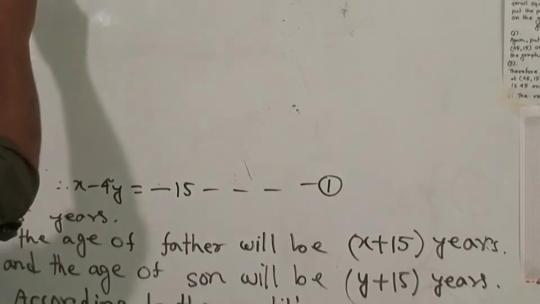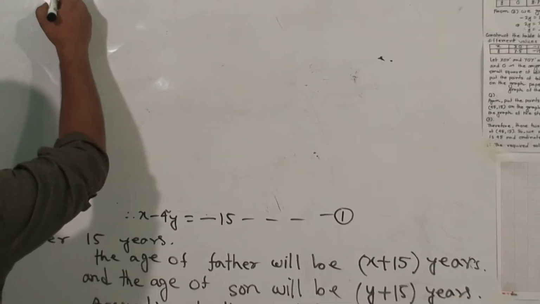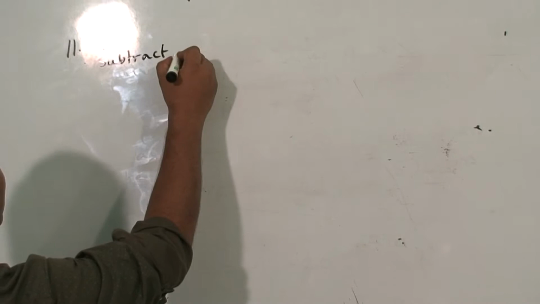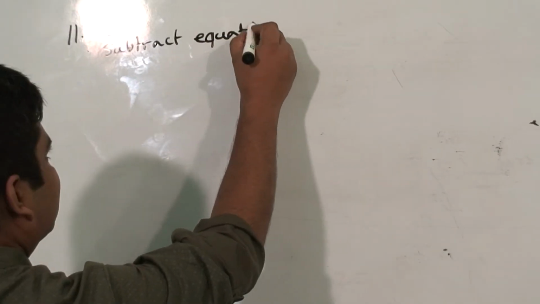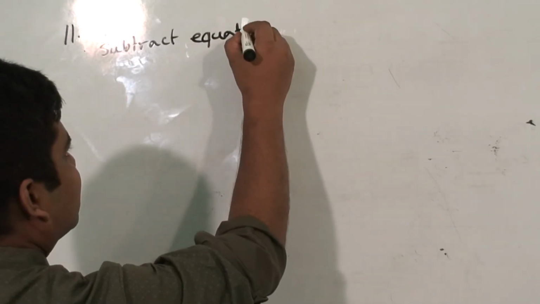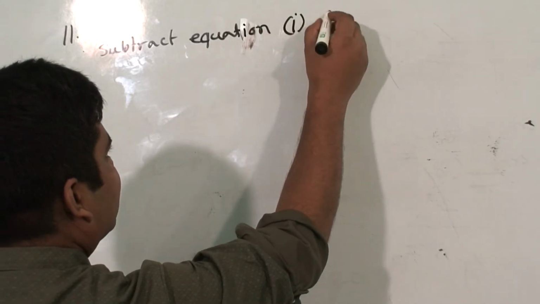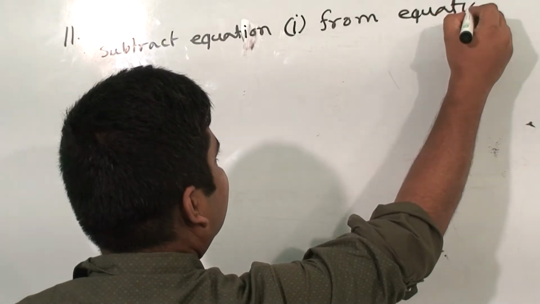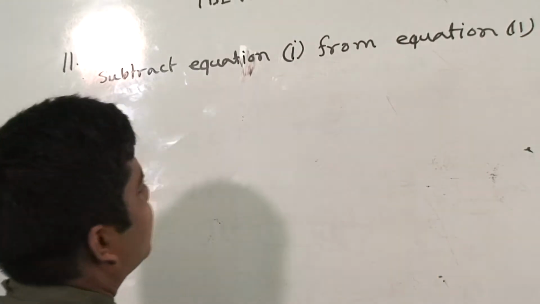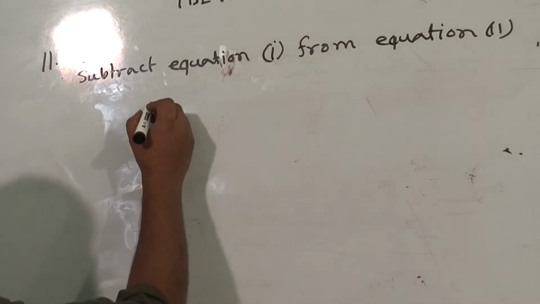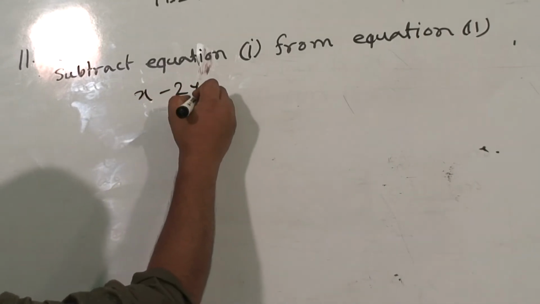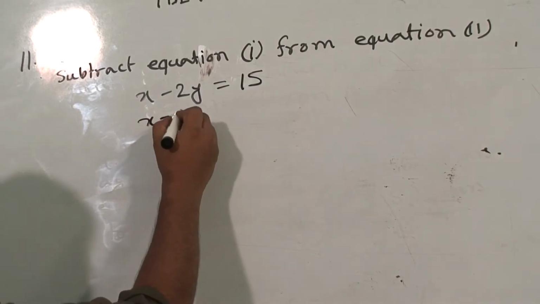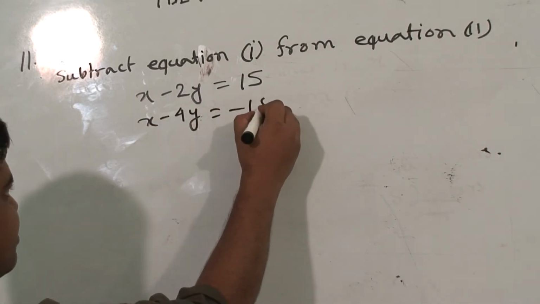So write, subtract equation 1 from equation 2. Okay, now write equation 2 first. x minus twice y equal to 15, then x minus 4y equal to minus 15.